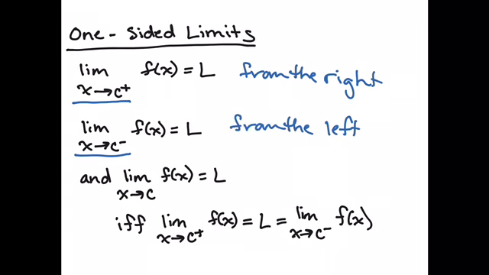But the limit as x approaches c in general is equal to the same thing as the left and the right if and only if. That's what this means right here. Any of you ever seen that before? No. No. That's the answer I always get. And when I write it on the board by hand, everybody thinks I just made a mistake.